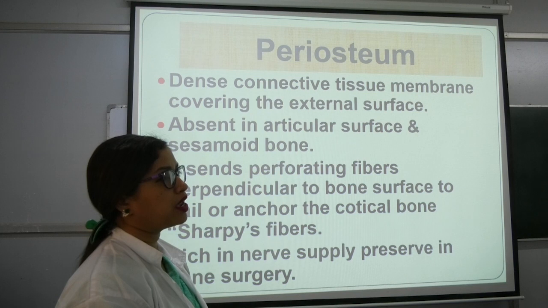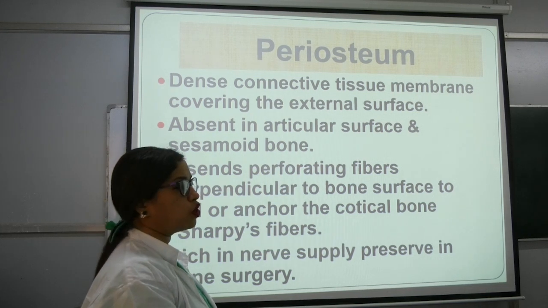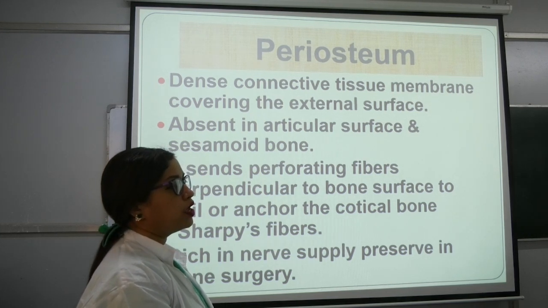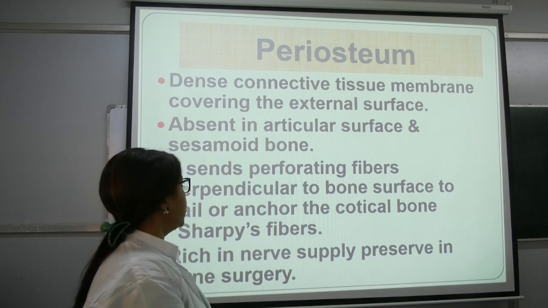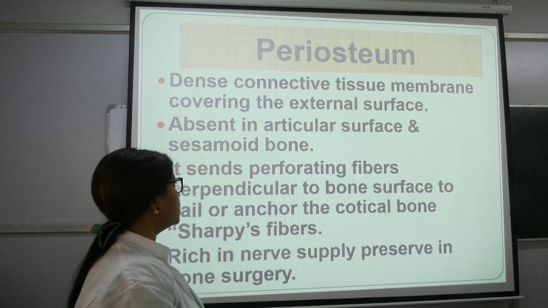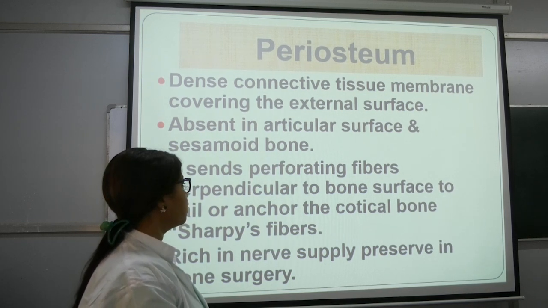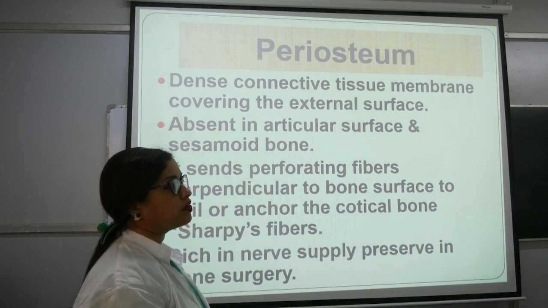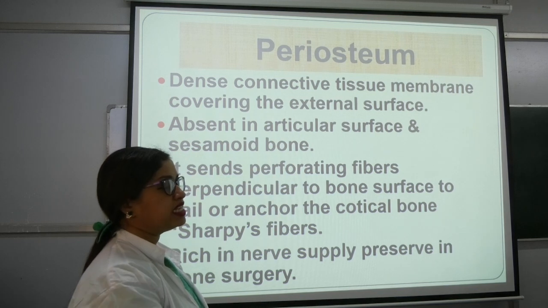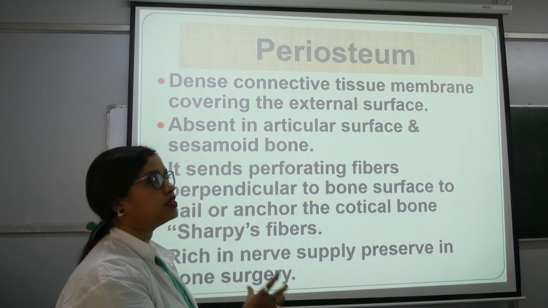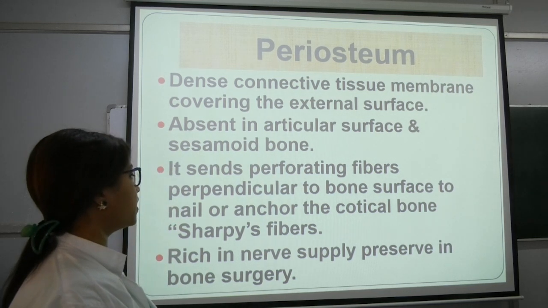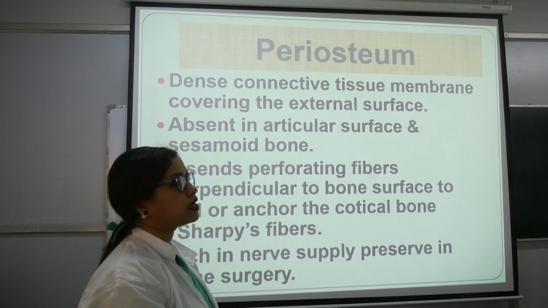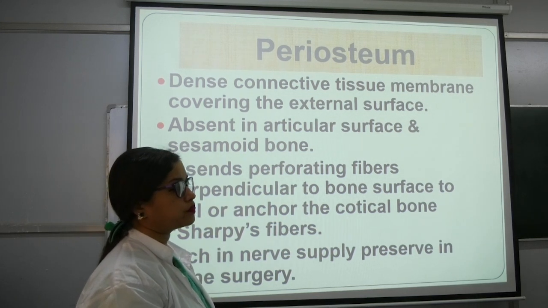Surface fibers may come as short questions and also MCQ. It sends perforating fibers perpendicular to the bone surface to nail or anchor the cortical bone. So what is the main function? It is nailing or anchoring the matrix or the cortical fibers. This is known as surface fibers.